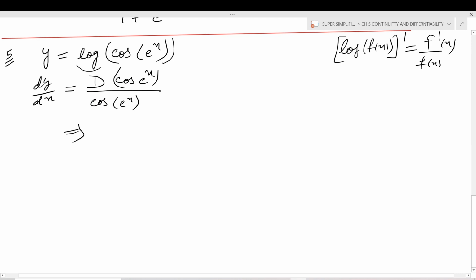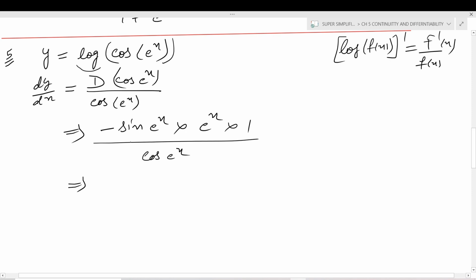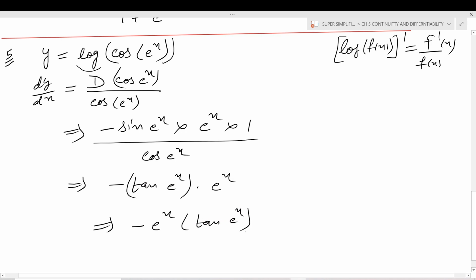So derivative of cos e^x will be minus sin e^x into derivative of e^x, which is e^x, into derivative of x, which is 1, divided by cos e^x. Now we can see minus sin e^x upon cos e^x becomes minus tan e^x into e^x. So you can rewrite it as minus e^x into tan e raised to the power x. This is your derivative.